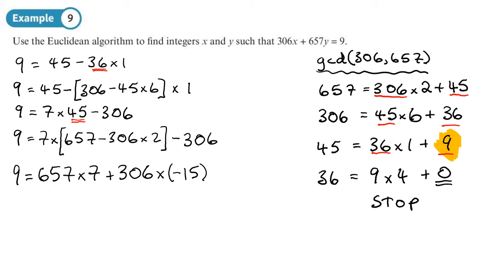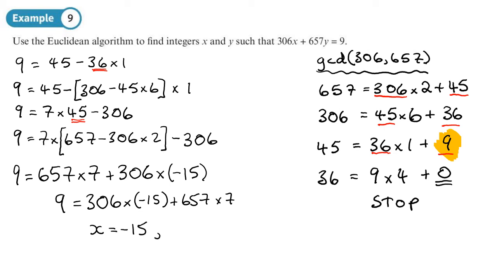So it does work. So I'll just finish it off writing it exactly the way they've got it: 306 times by negative 15 plus 657 times by 7. So x equals negative 15 and y equals 7.